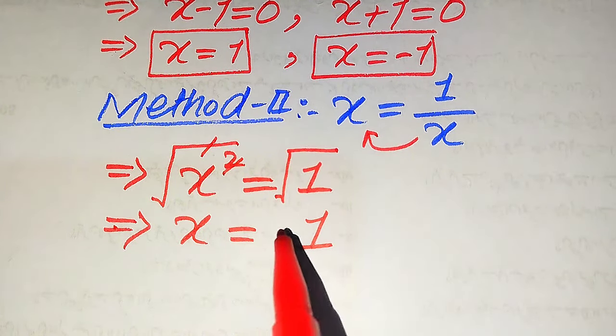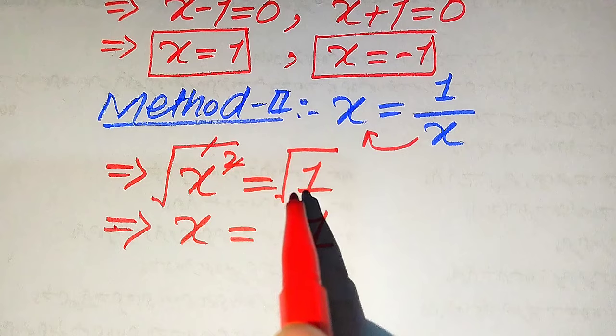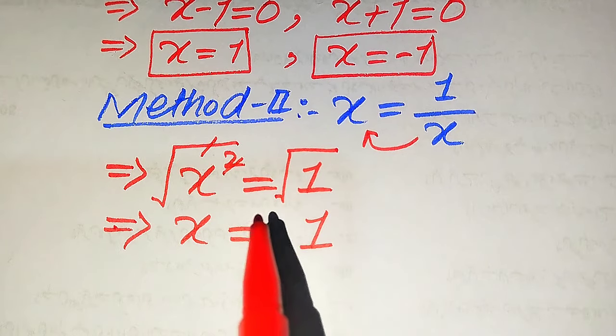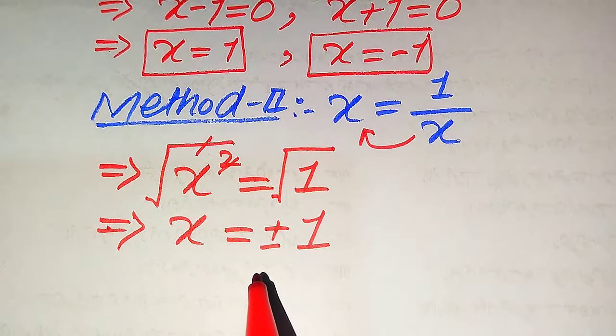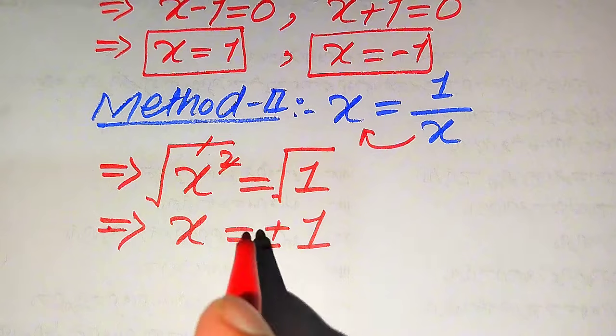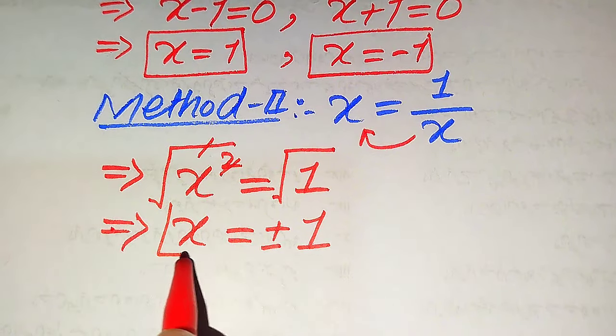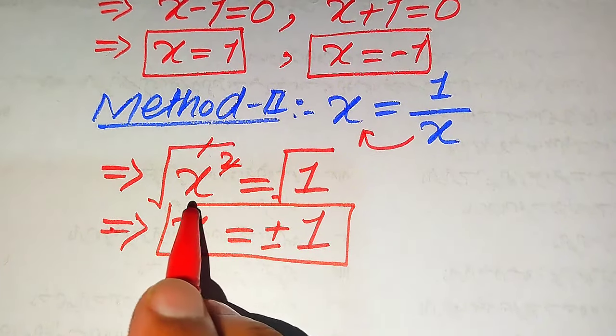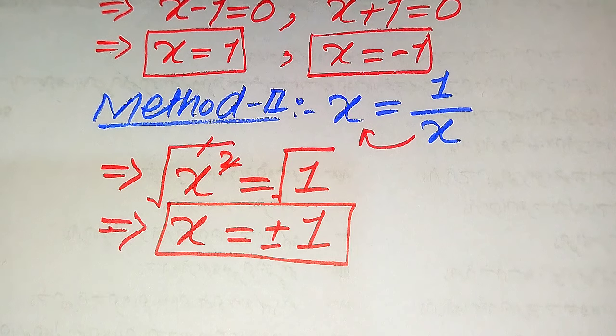Further, when we apply the square root on both sides, we write a plus minus sign on the right hand side, and in the second method we again get these two roots of the given equation.